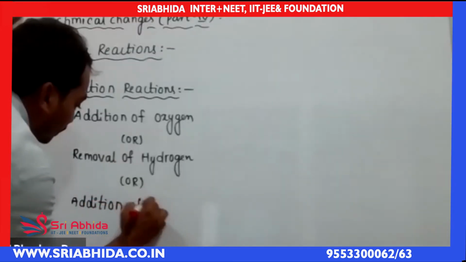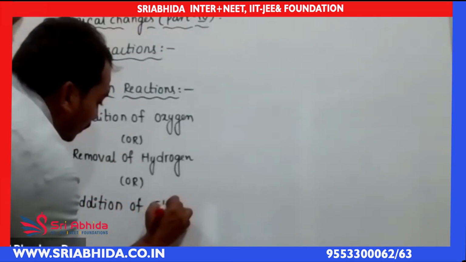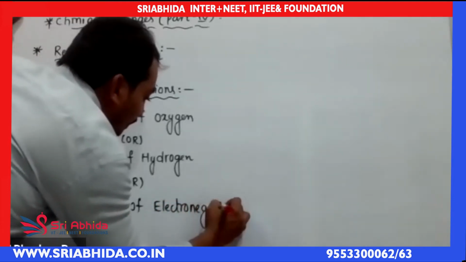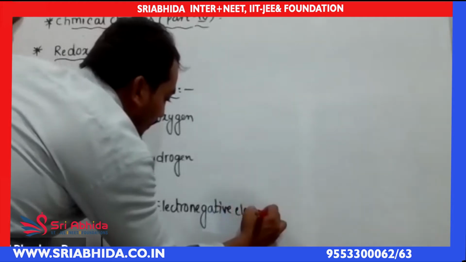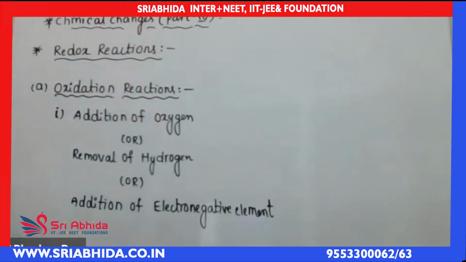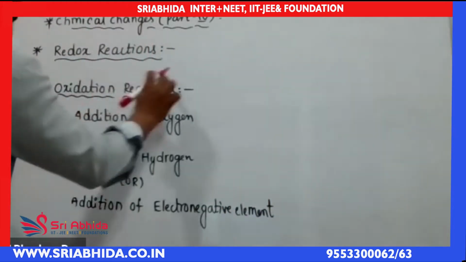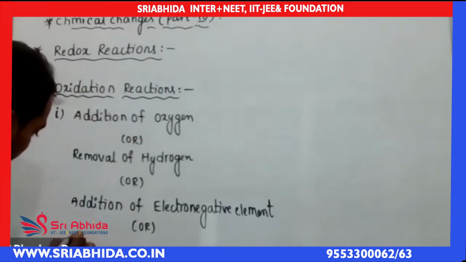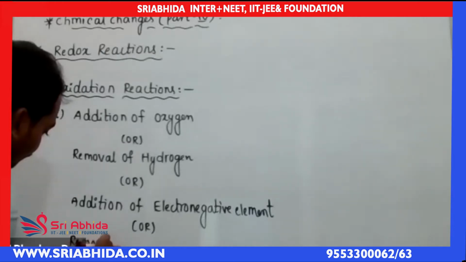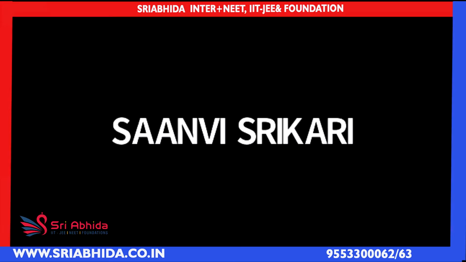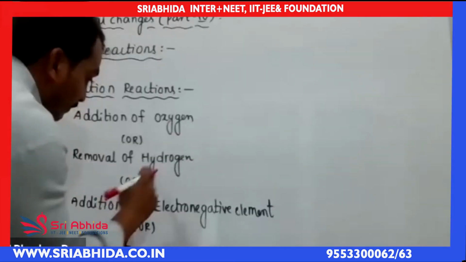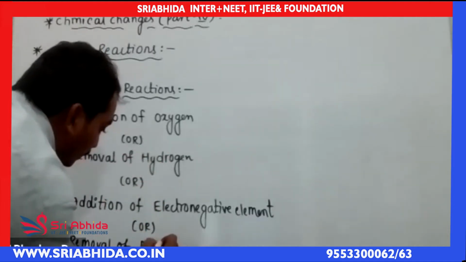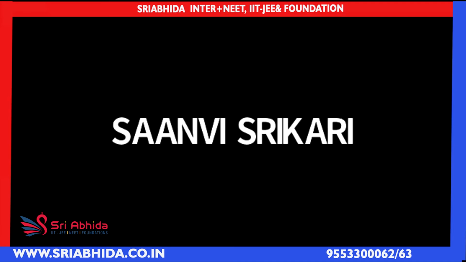Addition of an electronegative atom or element is also called oxidation. Or removal of an electropositive element, here hydrogen.